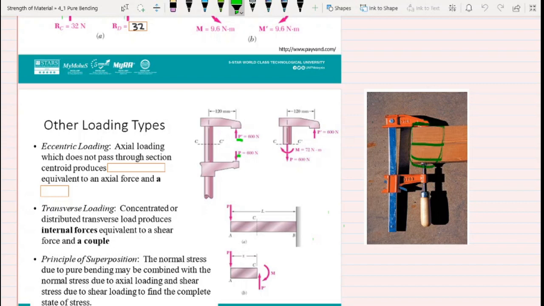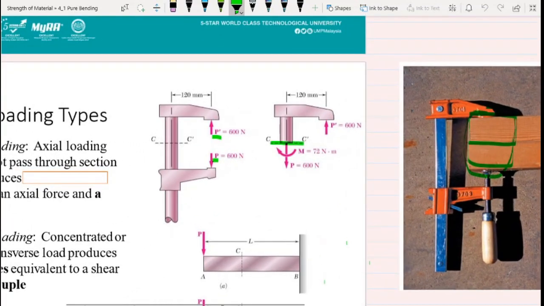at the right here, a section CC prime has been passed through the clamp and a free body diagram has been drawn of the upper half of the clamp.